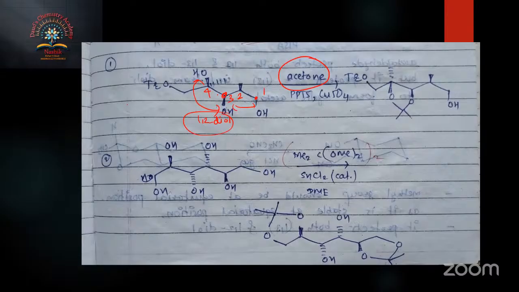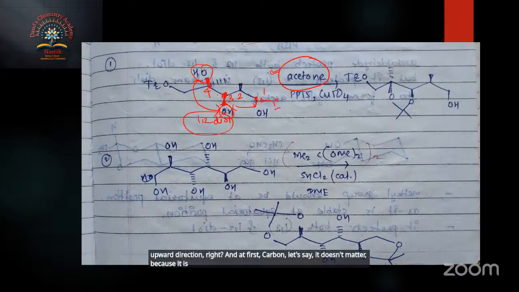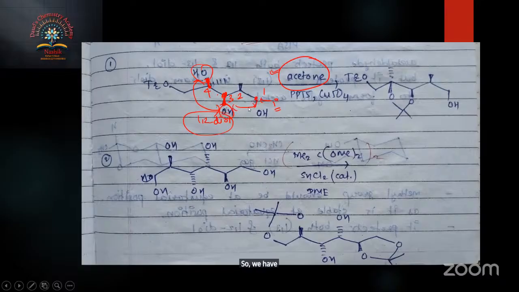See, acetone is used to protect 1,2-diol over 1,3-diol. At 3 and 4, the OH groups have the same stereochemistry. Both are in the upward direction, right? And at the first carbon, it doesn't matter because it is a primary alcohol group. So it may be above and it may be below. So we have 1,3 as well as 1,2-diol, and if you use this acetone, it will selectively protect the 1,2-diol.